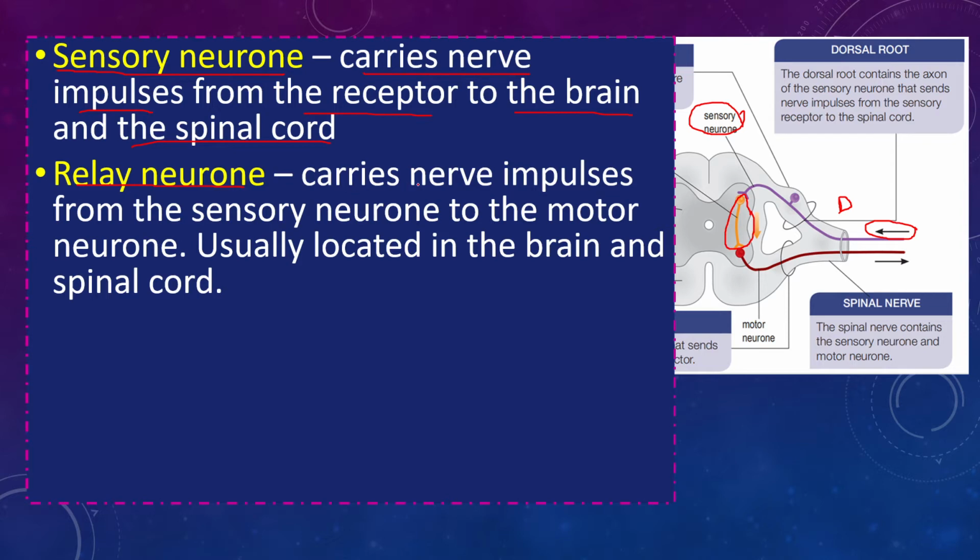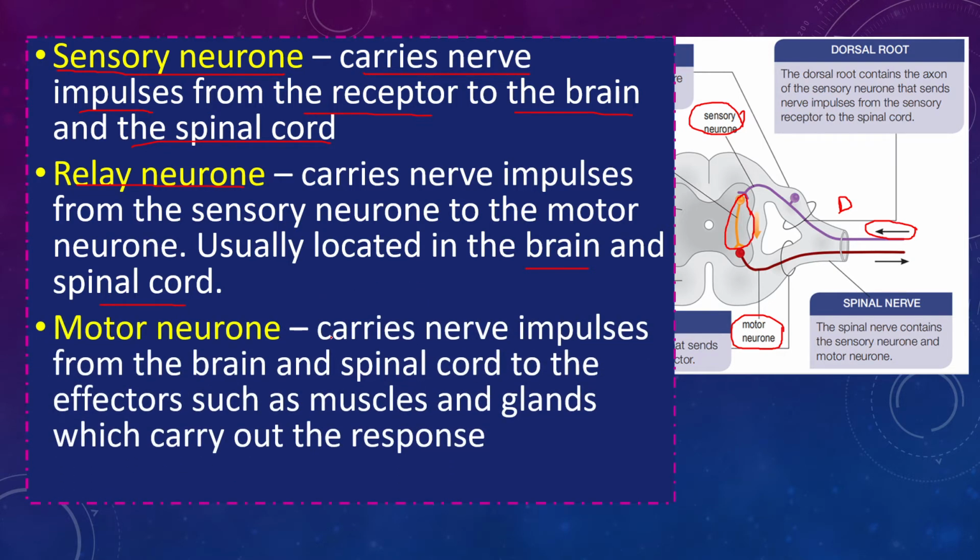The function is to carry nerve impulse from the sensory neuron to the motor neuron. So it's like connecting sensory dengan motor neuron. Ada satu perantara, that's the relay neuron. So it's usually located in the brain and the spinal cord. So in other words, dia ni terletak pada central nervous system.